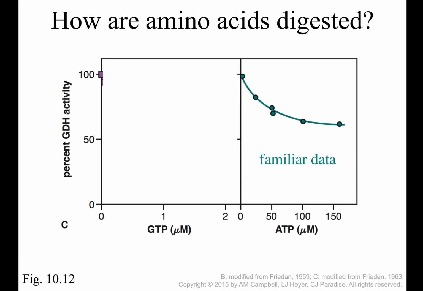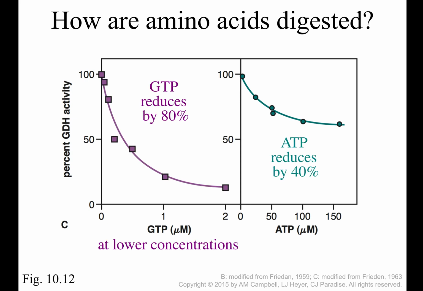ATP is not the only repressor. If you look at the effects of ATP on this protease, it is a less severe suppressor of that protease than is GTP. And as we mentioned when we talked about the citric acid cycle, GTP is produced in the citric acid cycle by animal cells, and it's a pretty potent inhibitor of deamination.